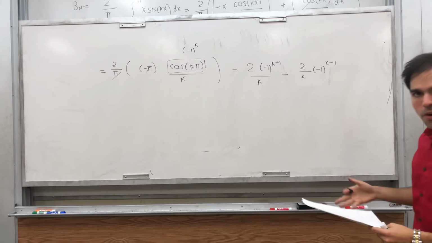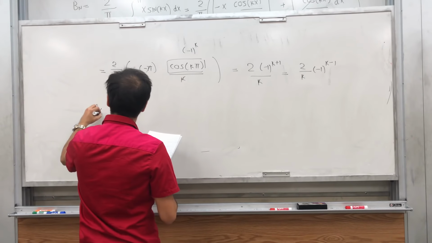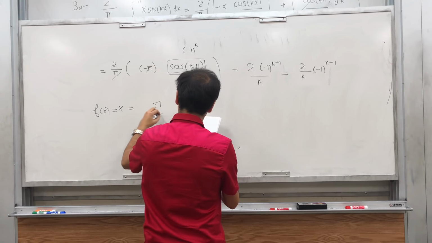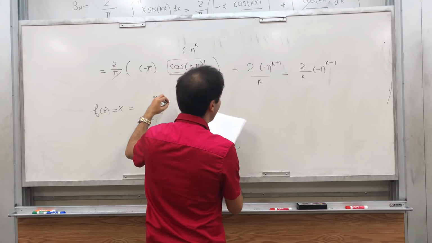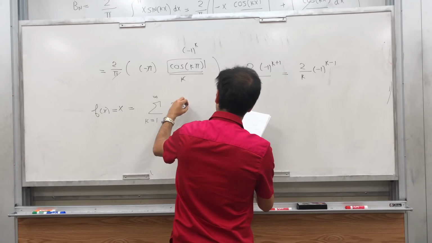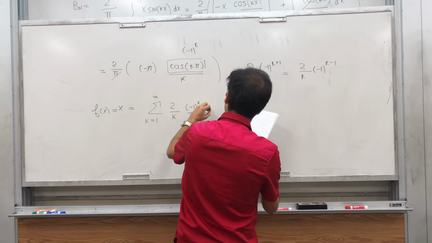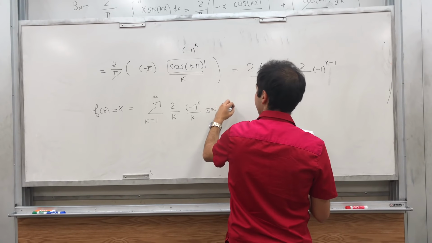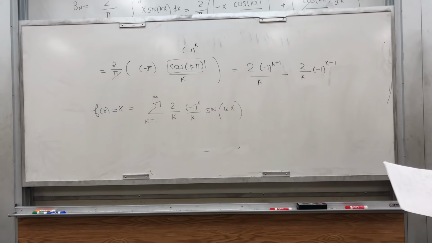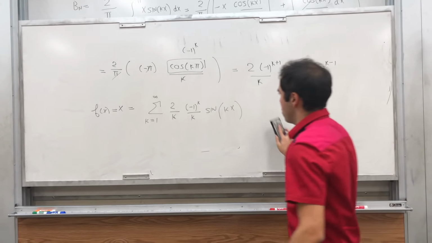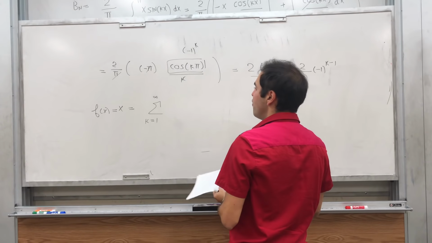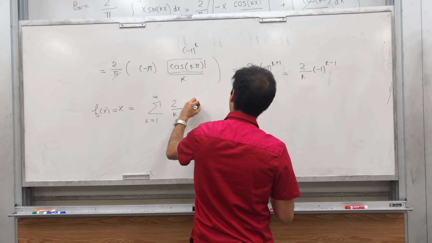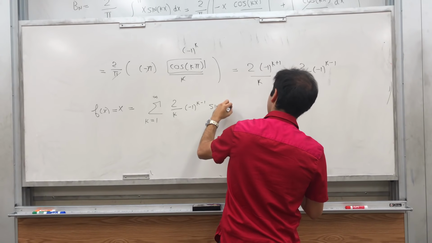So this works. In particular, what does that say? It says that f of x, which is x, can be expressed as a sine series: the sum from k equals 1 to infinity of 2 over k times minus 1 to the k minus 1 times sine of kx.